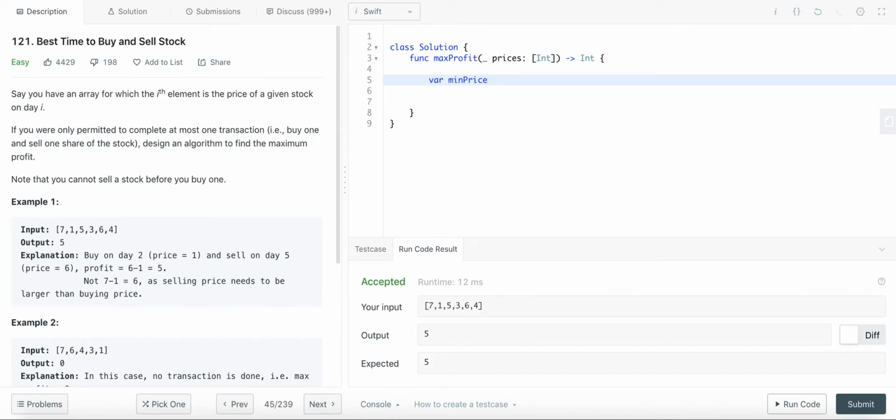Before that, I want to declare min price, which is the lowest stock price that we have seen until now, as we'll be traversing the array, and the max profit, which could be zero. So we'll just initialize with zero, and we'll start traversing the array.